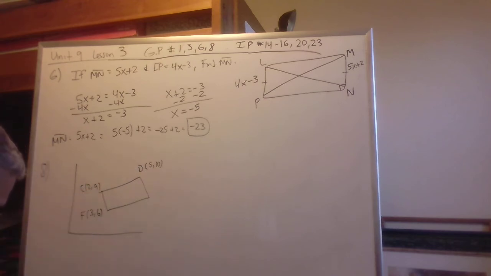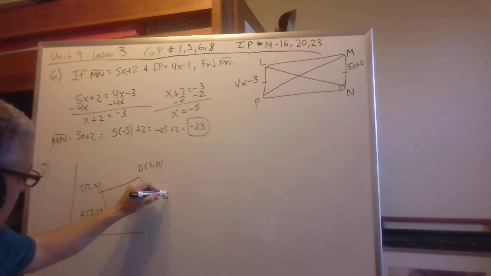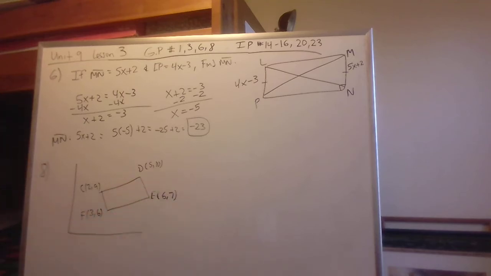And we have E at 6, 7. Okay, and it says, graph each quadrilateral with the given vertices, determine whether the figure is a rectangle, and justify your answer using the indicated formula.